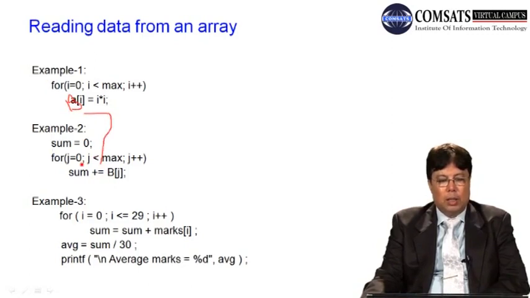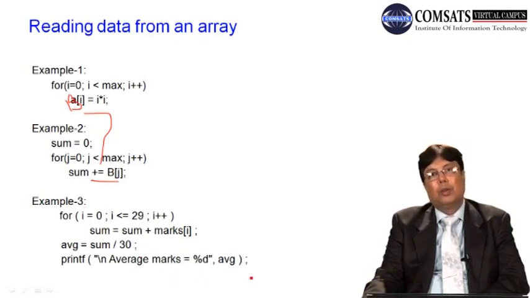Sum is 0, next is this max, and then I just calculate the sum. Example 3, वो जो हमने 30 स्टूडेंट्स के मार्क्स में डेटा रीड किया था उस तमाम डेटा का हमने पहले सम निकाल दिया और फिर उस सम को हमने डिवाइड किया 30 पे, and we have computed the average of the class of 30 students.